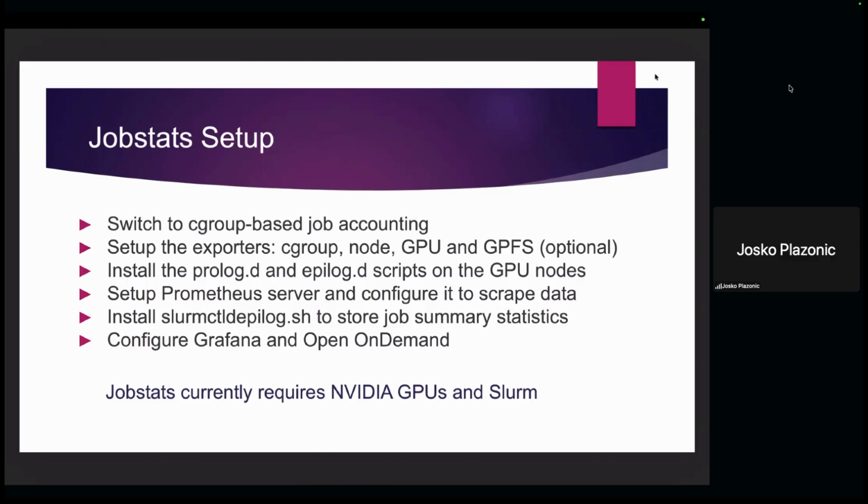Then the next step is to set up all of the required exporters. The cgroup exporter, we have our version, even though I'm working with the OSC folks to try to port some of the changes to their original cgroup exporter. So our version of the exporter is for the relevant version of the operating system, because v1 is different from v2, obviously. Node exporter, while not strictly necessary for the functionality of Jobstat itself and the job efficiency, is extremely good to have.